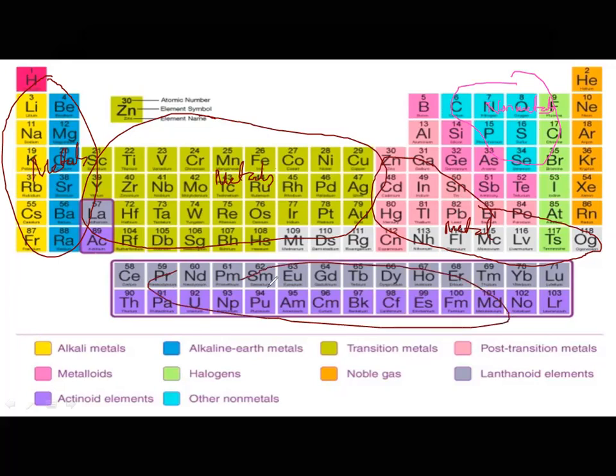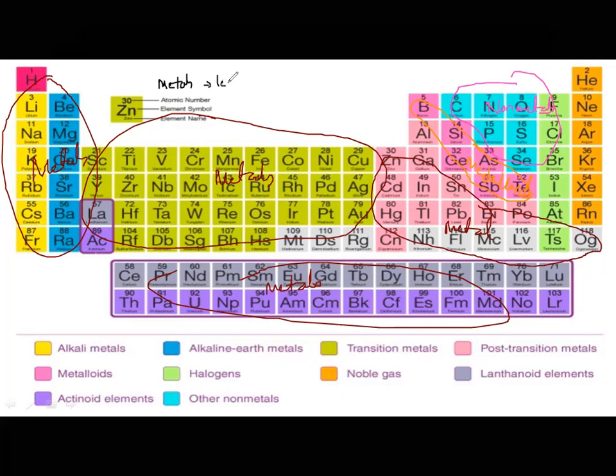These also are metals. So maximum are metals. Then here, silicon, germanium, arsenic, these are what? Metalloids. These are metalloids. These are halogens, shown separately. These are noble gases.